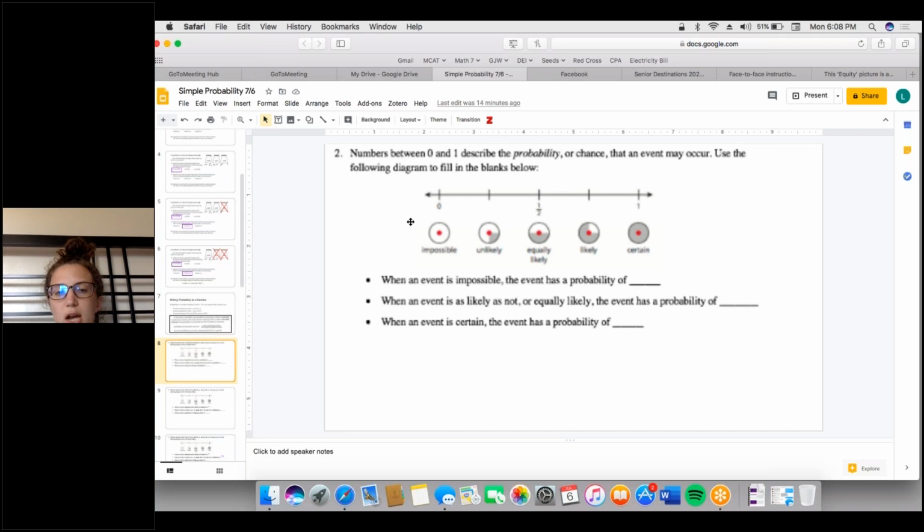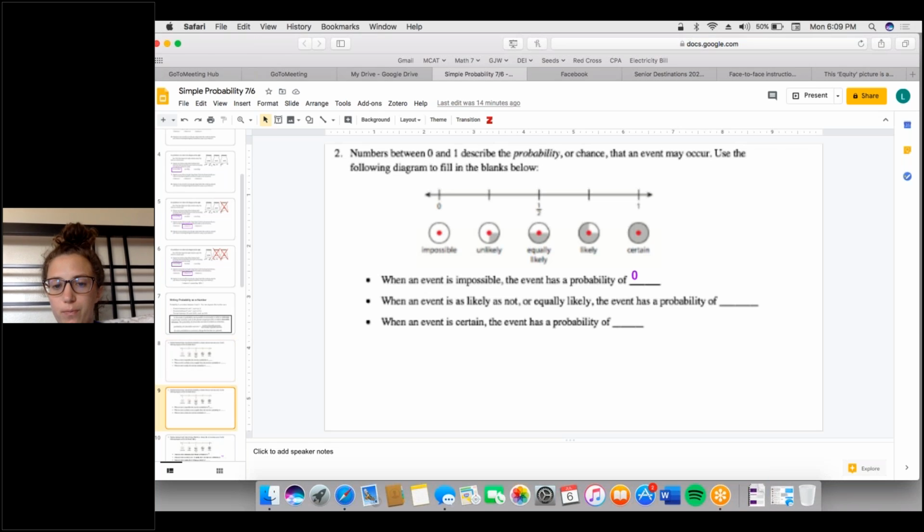So just to show one more time how you write probability as a number, probability is something that ranges from 0 to 1. And the numbers between that describe the chance that an event may occur. This means if an event's impossible, you might have seen this before as a 0% chance of something happening, well, that's a probability of 0.